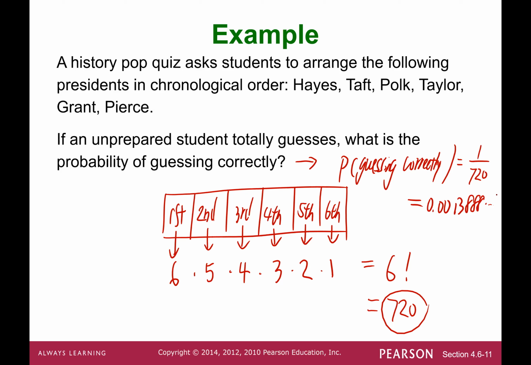So that's why multiple choice questions are never easier, because if you do not study and just guess, the chances of getting the correct answer is very low. Based on this probability calculation, you understand why that happens. So this is the probability of guessing correctly, 1/720.